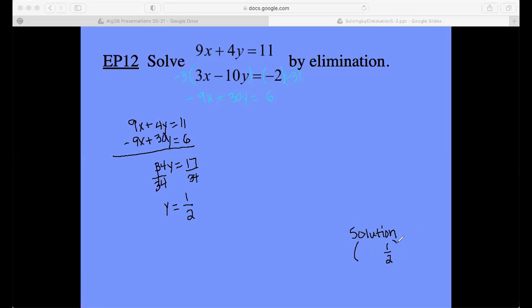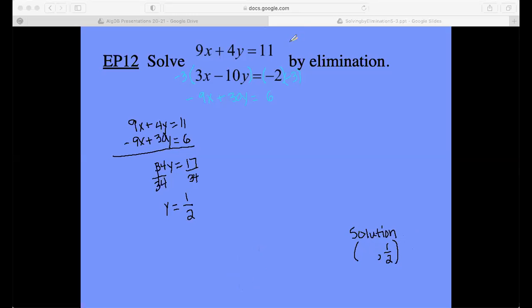Okay, at this point, to find my x value, I actually have 3 options of places that I can substitute this time, right? I have a y here, I have a y here, and I have the y I got when I rewrote that second equation. So you can substitute that y value of 1/2 into any one of these y's and solve for x.